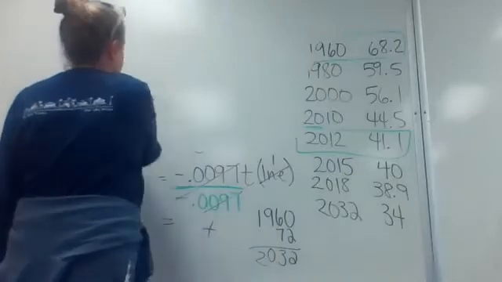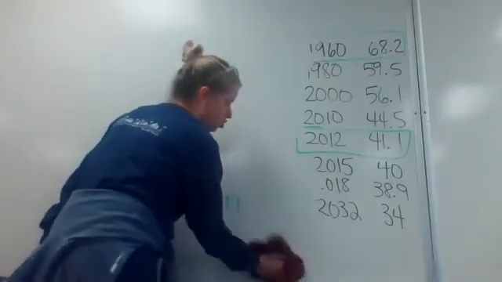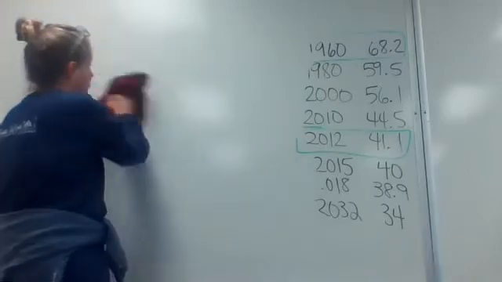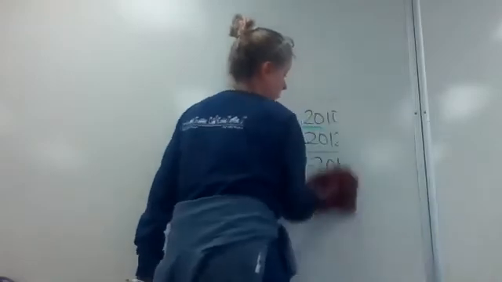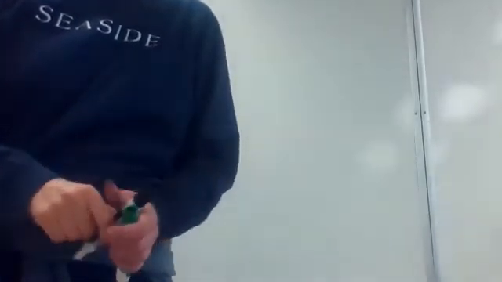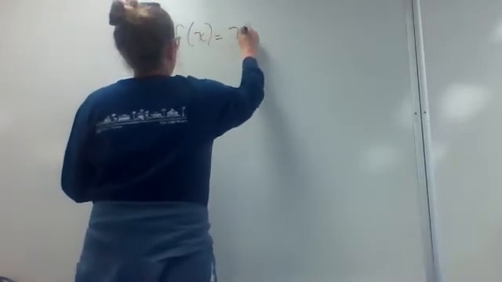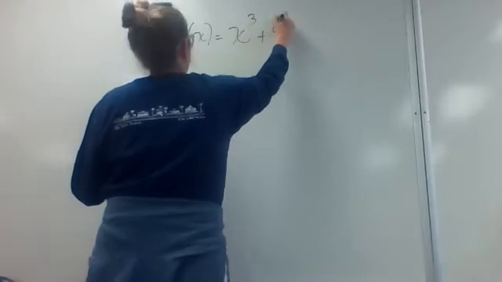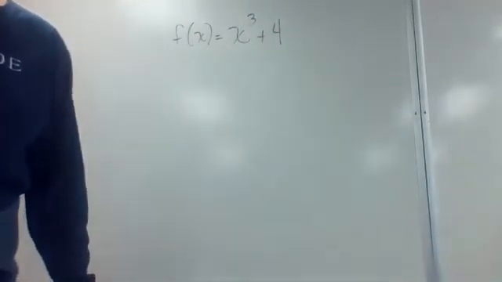All right, your final exam will be 25 questions, multiple choice. Question 1. Graph the function f of x equals x cubed plus 4. So you could obviously just put that in your y equals, right?